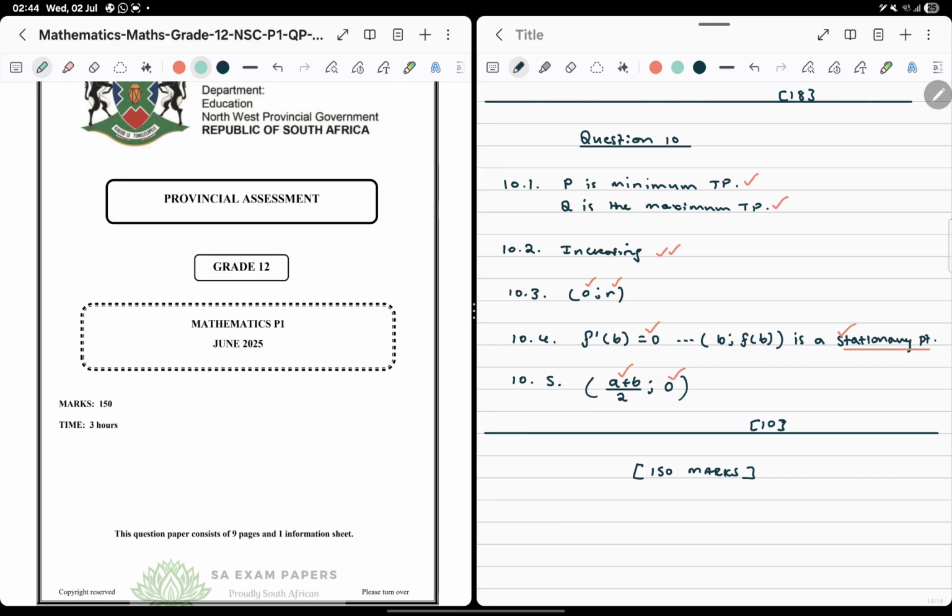Term 3. So what I want us to do in the meantime is spend these few days of this week revising work from term 2, using these provincial papers. Please, if you can find them, do share them in the group, because I'm not able to access all of them.